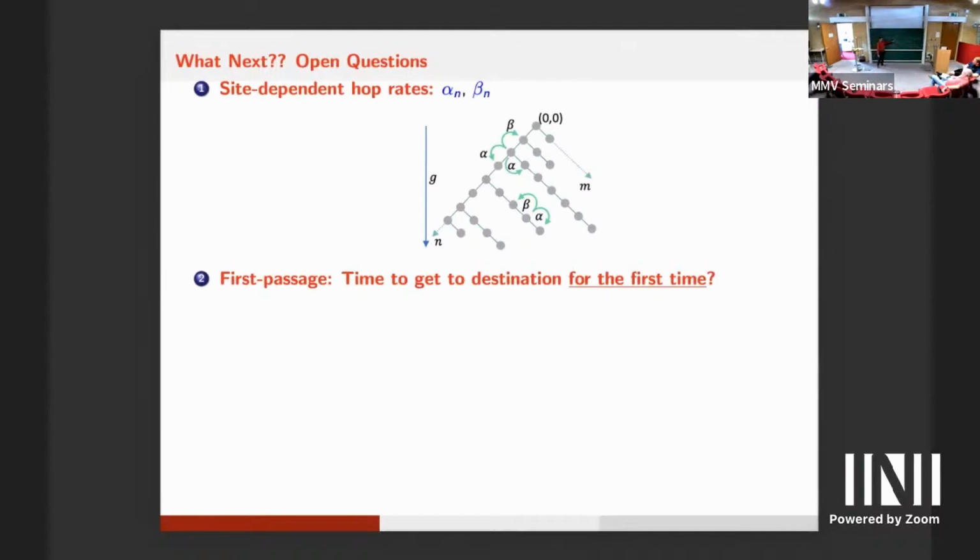It doesn't matter if you reset with a constant rate, that is, if your time intervals between two stochastic resettings are exponentially distributed. If you have a power law distribution, then depending on the exponent of the power law, you may have to wait for a very long time for the resetting to kick in, and then you may remain trapped. But for exponential, it just works, and this calculation also goes through.